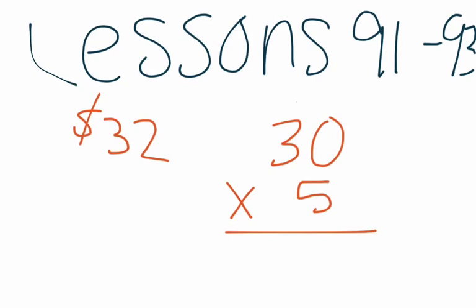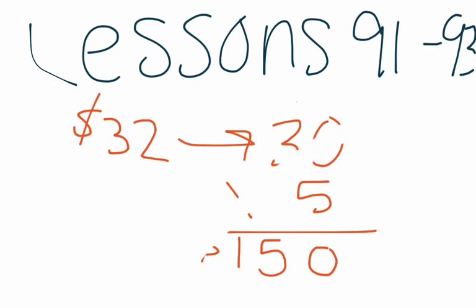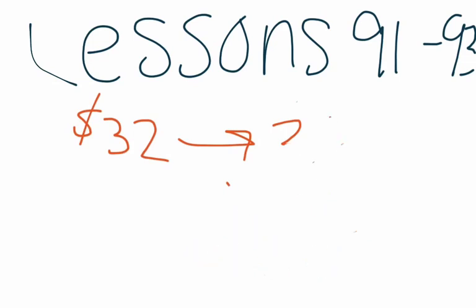Every number needs to be multiplied by that 5. 0 times 5 is 0. 3 times 5 is 15, making his total $150. The reason why I chose 30 is because it's the closest and the easiest to work with. Could you do 32 times 5? Yeah, I totally believe you can. But they just want to see that you know how to estimate and find the closest number.